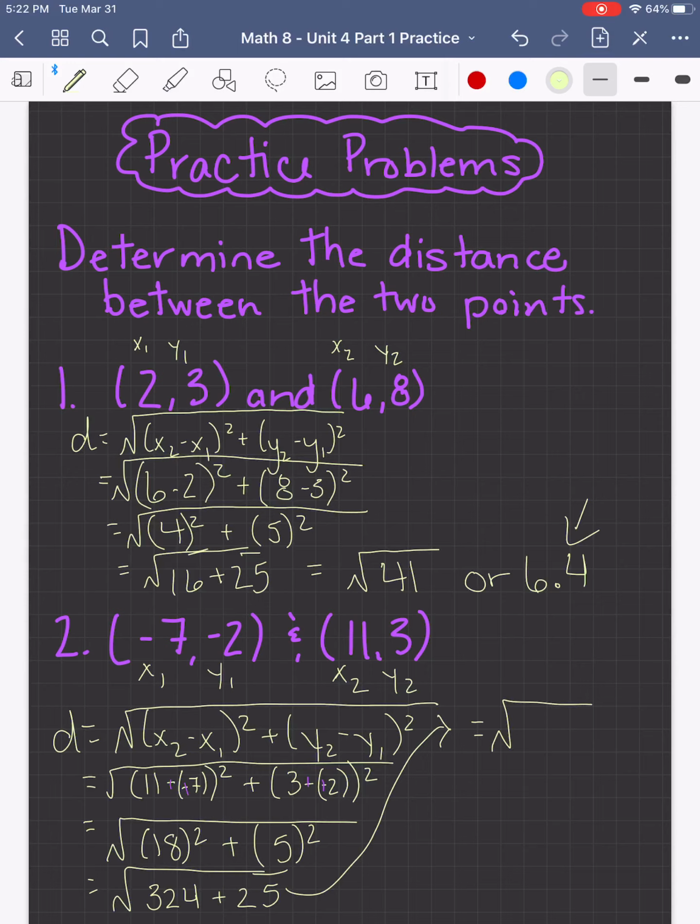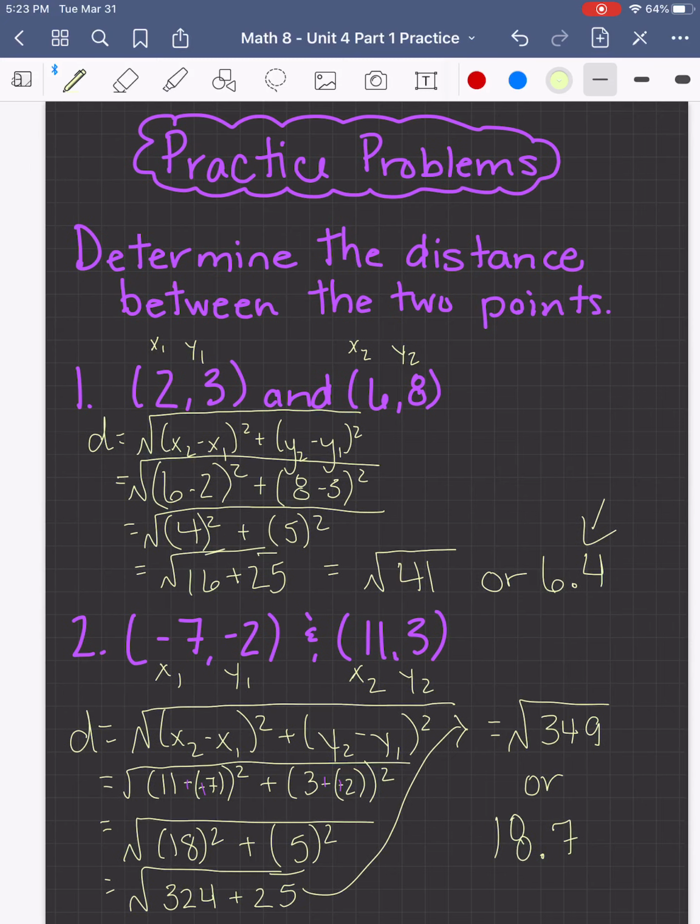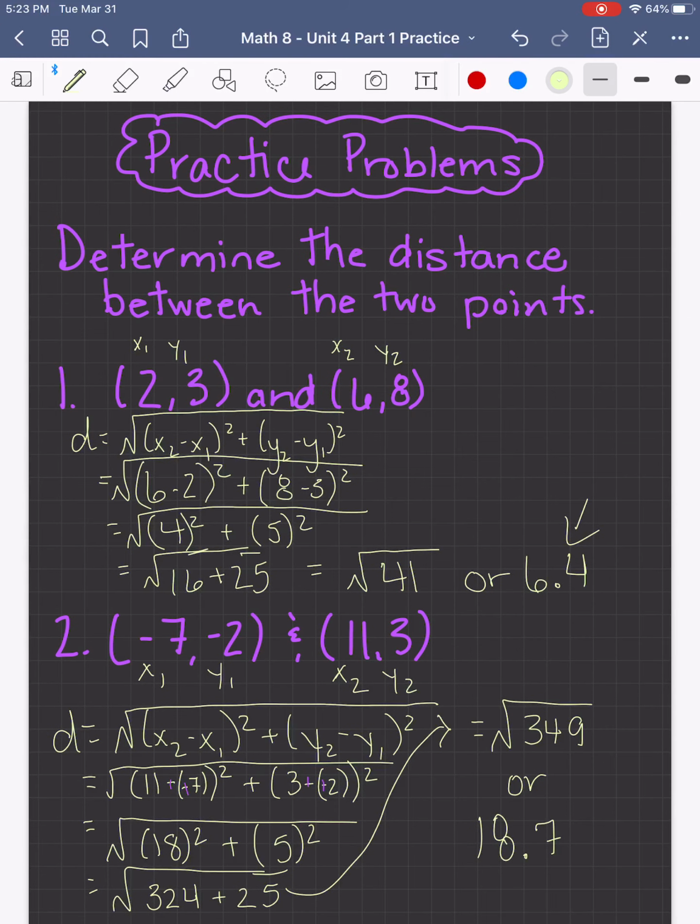And when we add those together, we get 349, and you can leave it like that, or you can put that into your calculator, and it comes out to give us about 18.7 units. So if you didn't get those, go ahead and pause the problems and go ahead and write down the steps.